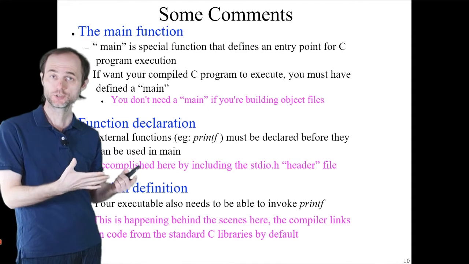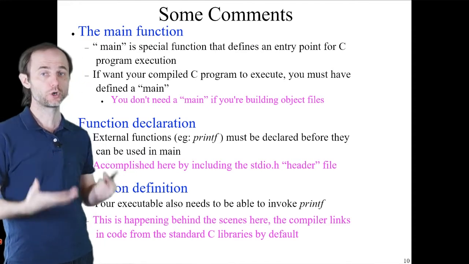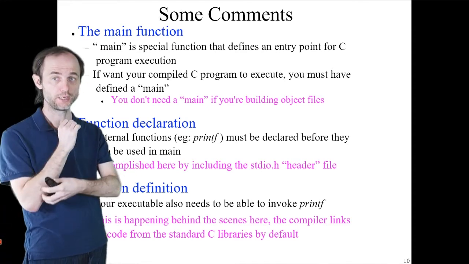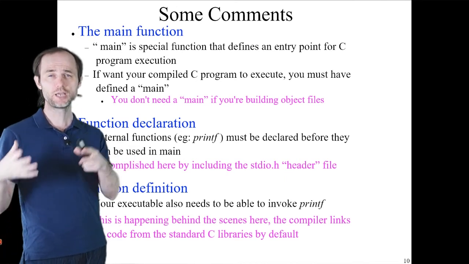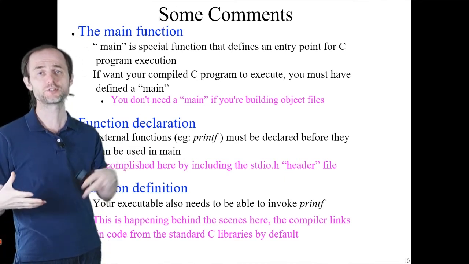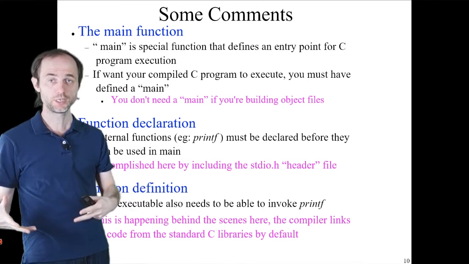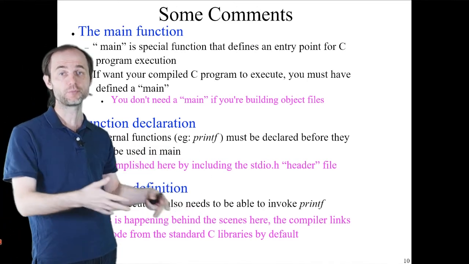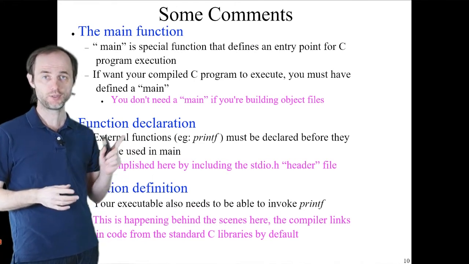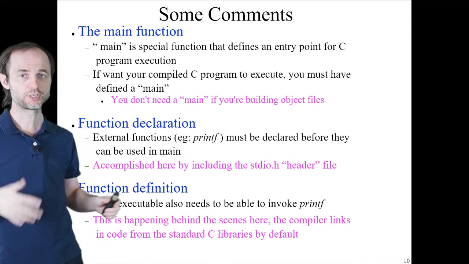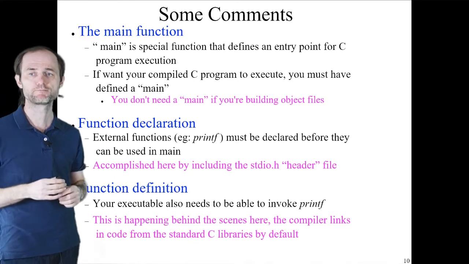There are exceptions when you don't have to create the main function, and that is if you create the libraries or the object files that will be included as part of another program that does have the main function. We will be talking about this later, so don't stress out if this doesn't make complete sense.